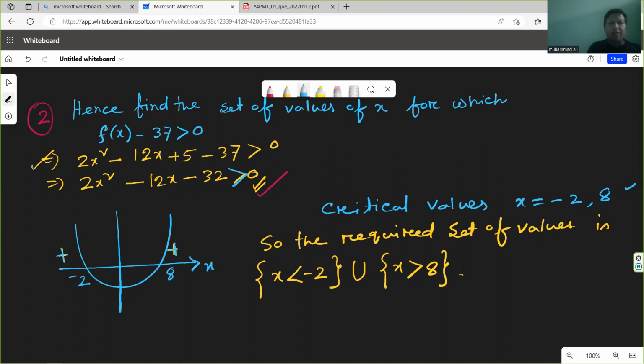Now we indicate for what values of x this region is positive. So we get x less than minus 2, and x greater than 8, this part is positive.